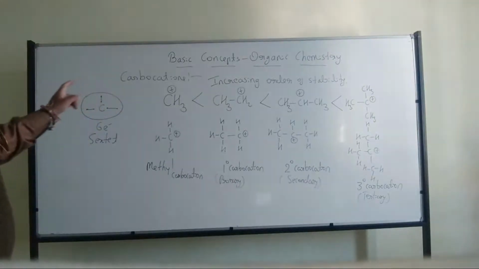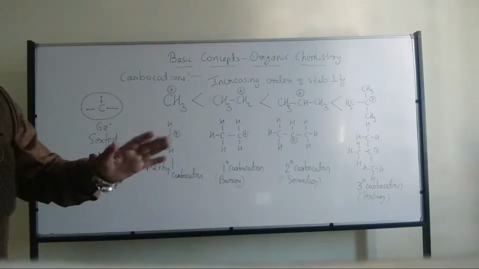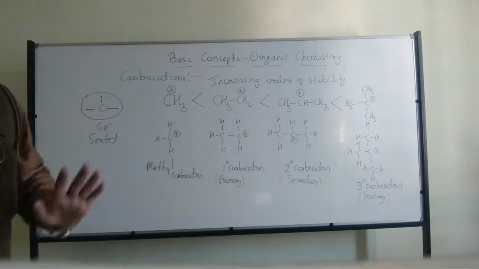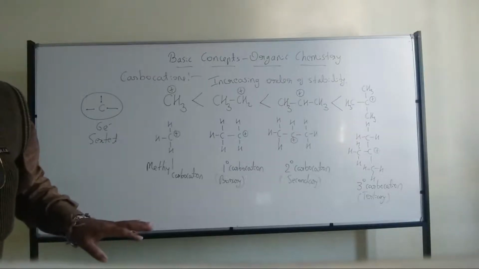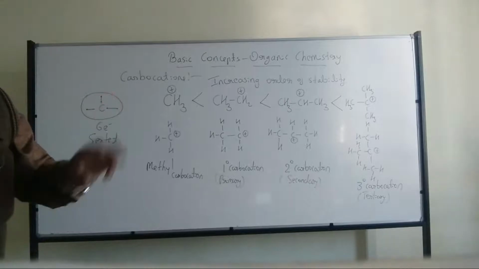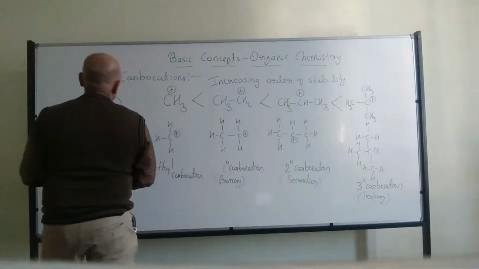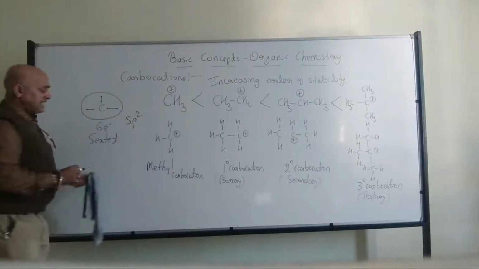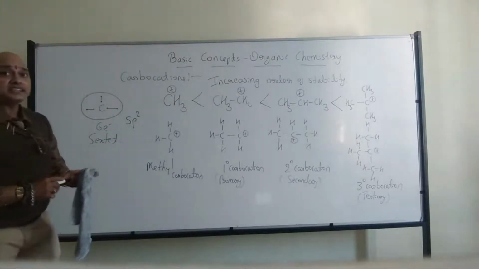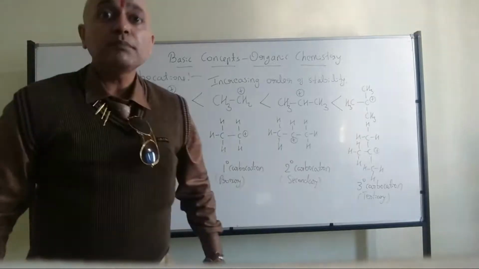But in carbocations they are sextet in nature. That means 6 electrons after the bond formation. And how many sigma bonds are there? 3 sigma bonds. So naturally it should be sp2 hybridization, because of the number of sigma bonds.